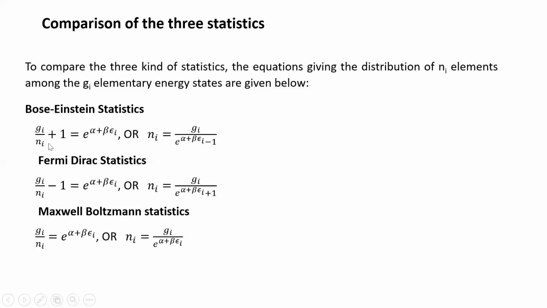That is, Gi by Ni is very, very large compared to 1. That means Gi is very large compared to Ni. So for the electron, if there are many states available for the electrons, then Gi by Ni becomes very large. In that case, we can approximate all these equations as equal to Gi by Ni.